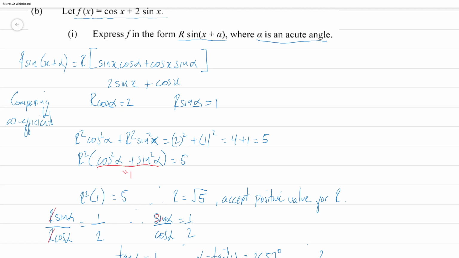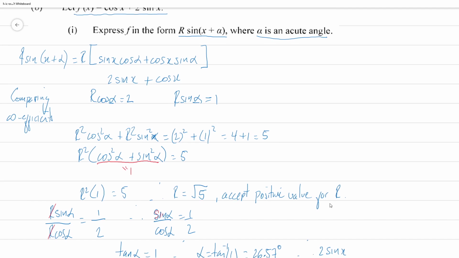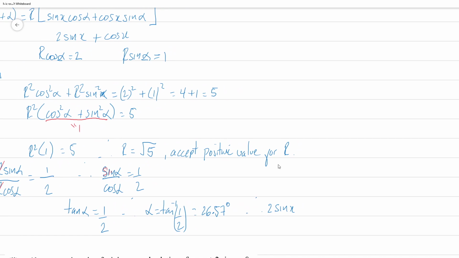So therefore, 2 sine x plus cos x is equal to root 5 sine of x plus 26.57 degrees.